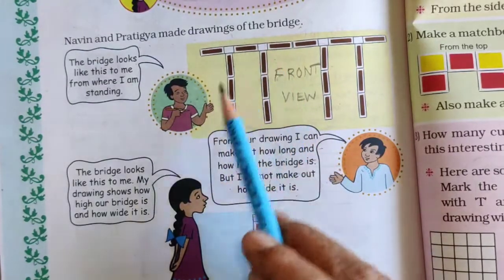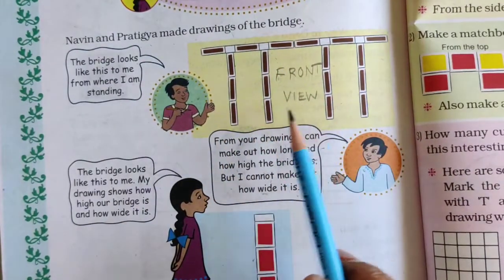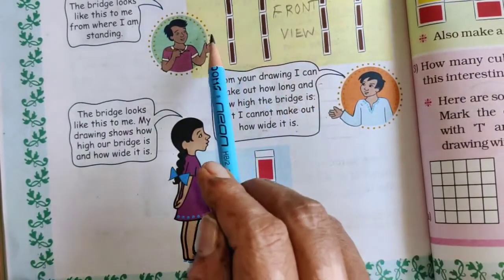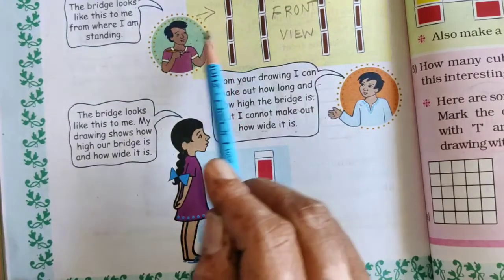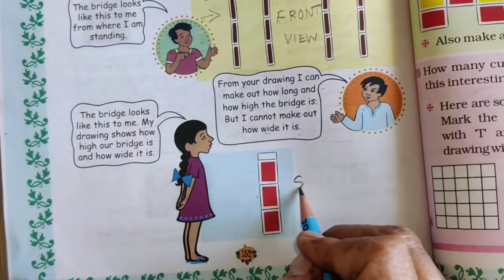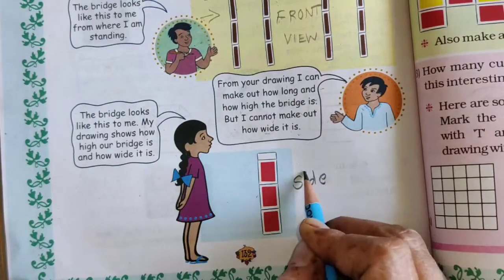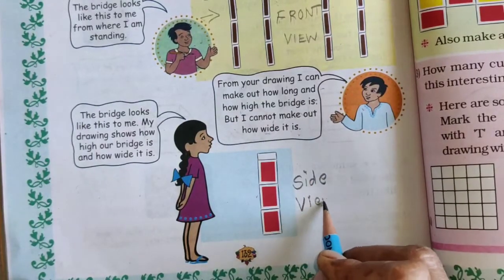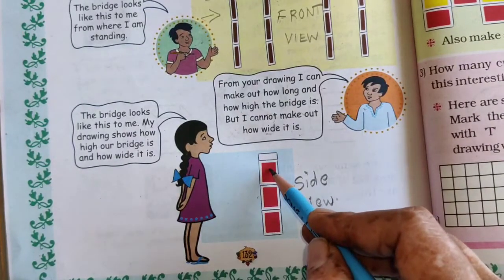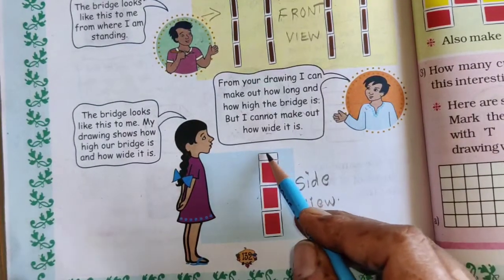I can see height, I can see the length of the bridge, I cannot see the width. So what Pratigya did, she watched the bridge from this side, that is side view. So this is side view.